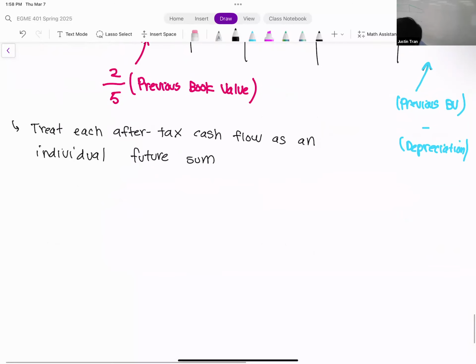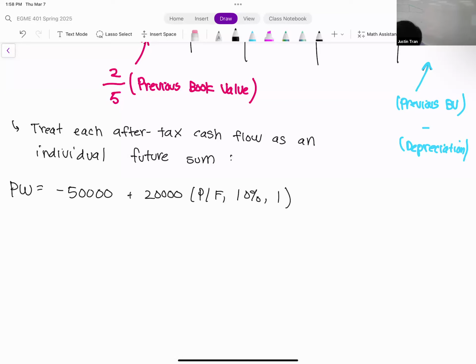This expression is going to get a little bit annoying because we have 6 different terms to compute. Our present worth is going to be minus 50,000, that's our initial cost, plus 20,000 P over F, 10%, 1.